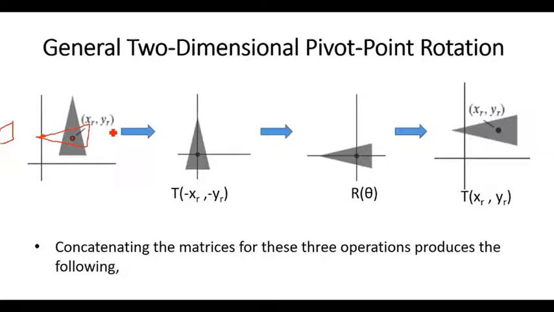That would bring the object such that xr and yr come and sit at 0 comma 0. So that means I have to perform a translation of minus xr and minus yr. Once I do this, I'll apply R theta. R theta is nothing but my normal rotation matrix that I know: cos theta, minus sin theta, 0; sin theta, cos theta, 0; 0, 0, 1.